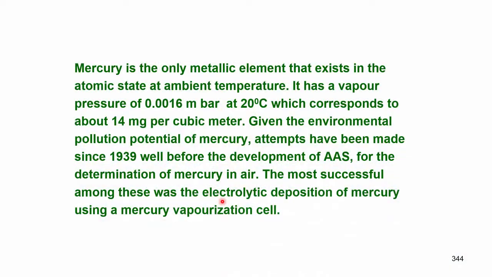So, what happens here? Mercury is the only metallic element that exists in the atomic state at ambient temperature. You spill certain amount of mercury here, it will be there in the air, and mercury is very toxic.